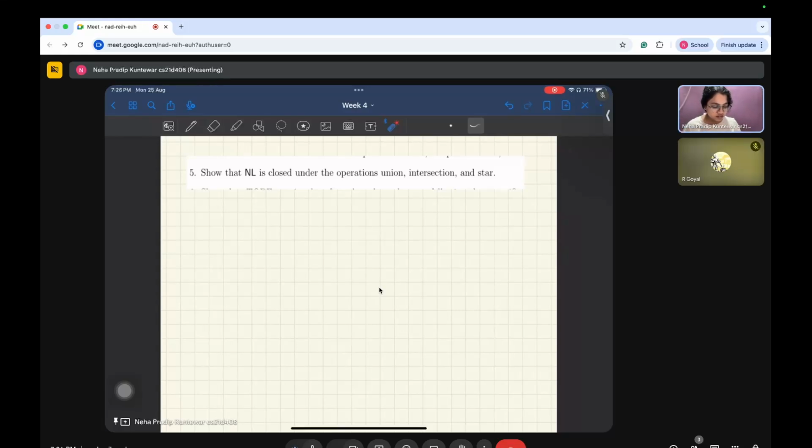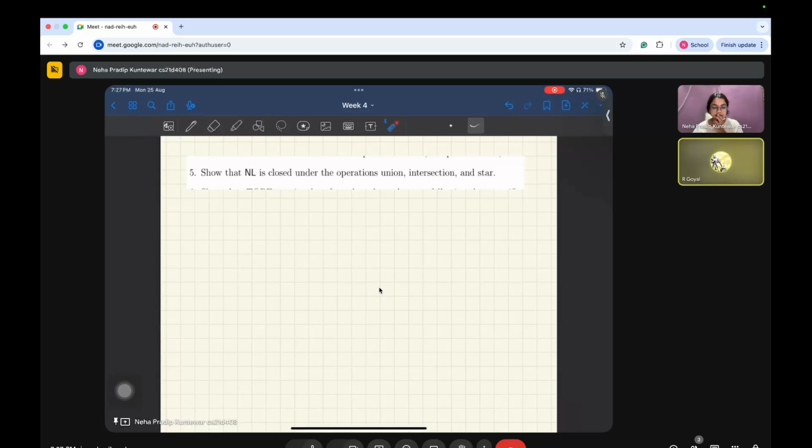Union and intersection might be very similar: if L1 and L2 are decidable in logarithmic space by non-deterministic Turing machines, we can use a similar approach for the union and run both machines in parallel.